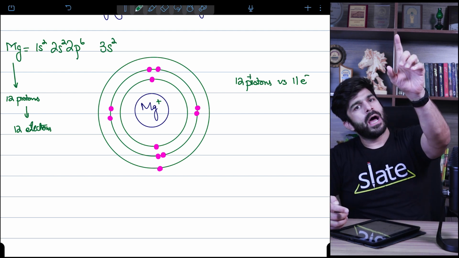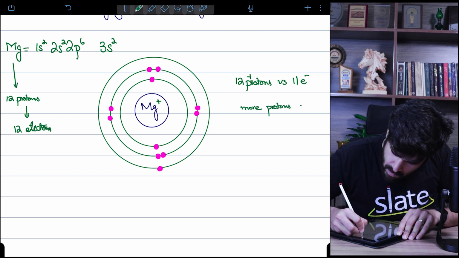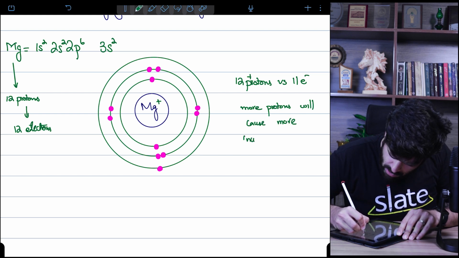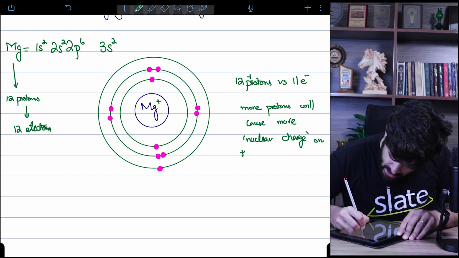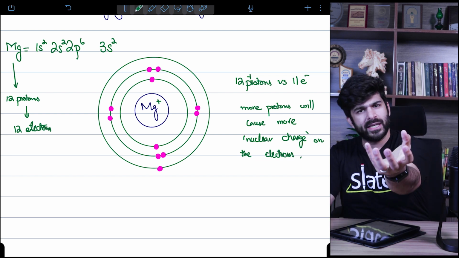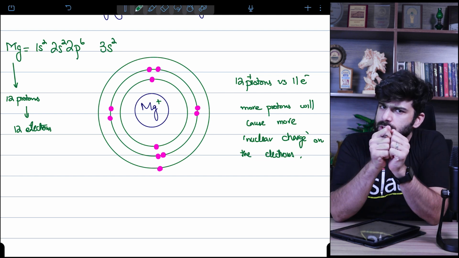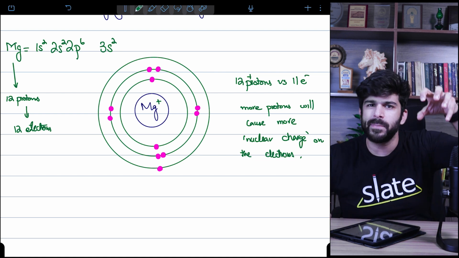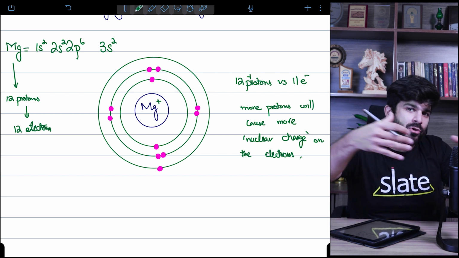So now, having more protons relative to electrons will cause more nuclear charge on the electrons. At first, 12 protons were holding 12 electrons. Now, these 12 protons are holding 11 electrons. The grip is stronger. This won't let the electrons leave easily.